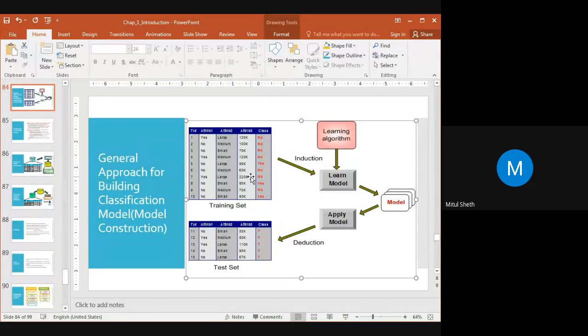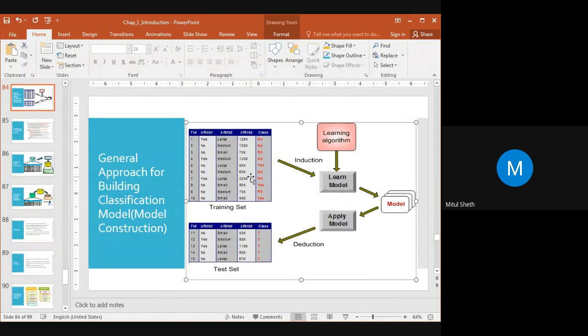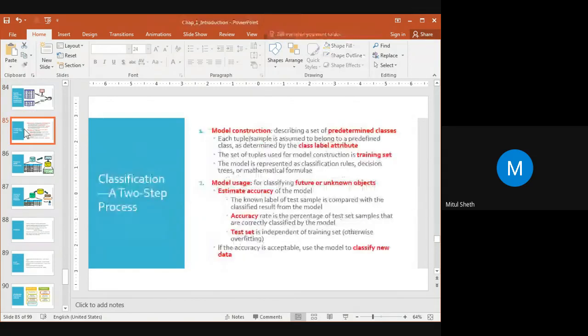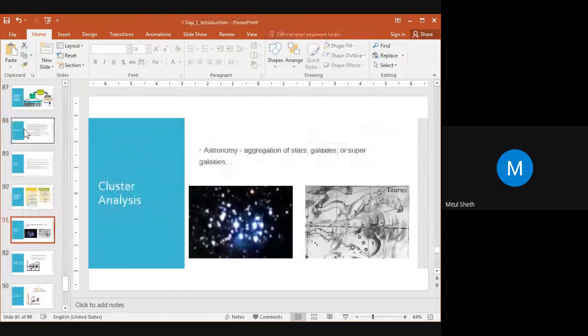Suppose I do not have training data available, but I want to perform some operations on that data. Which type of algorithm can we use for that? One minute. For that we have cluster analysis.